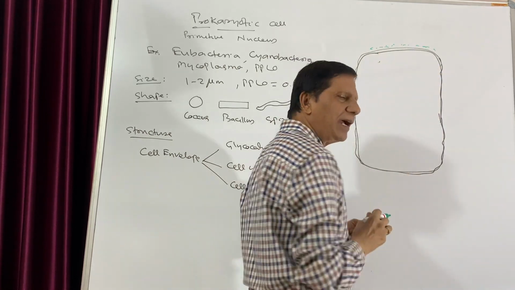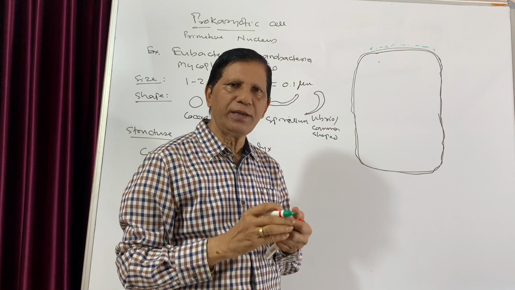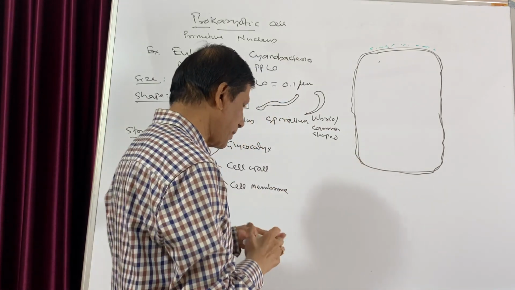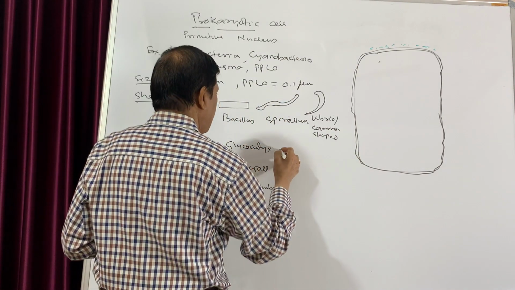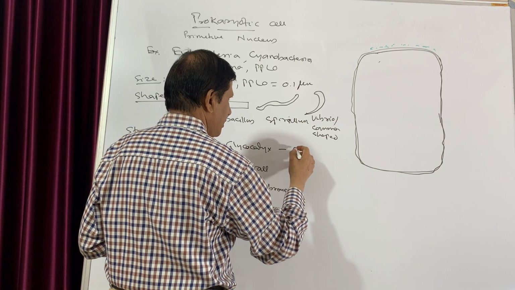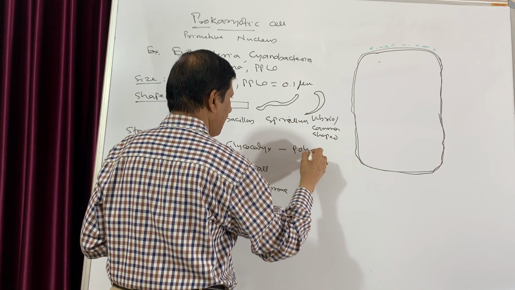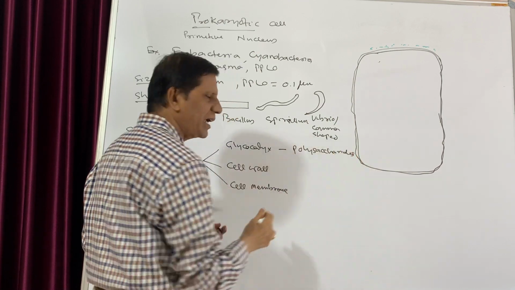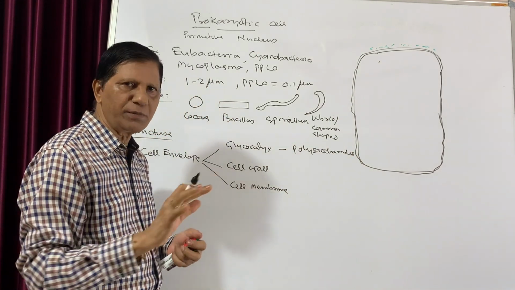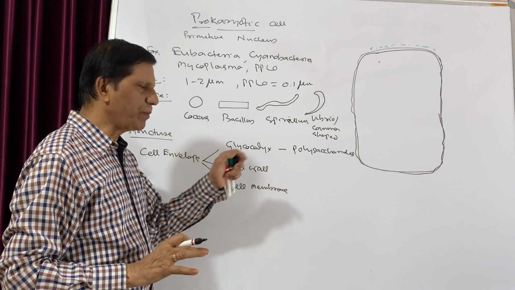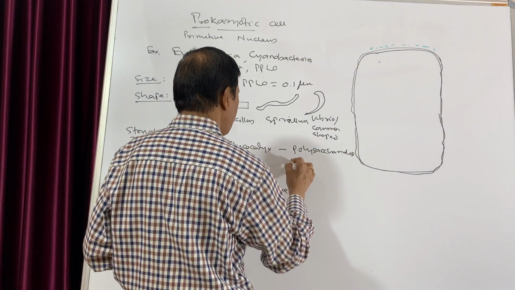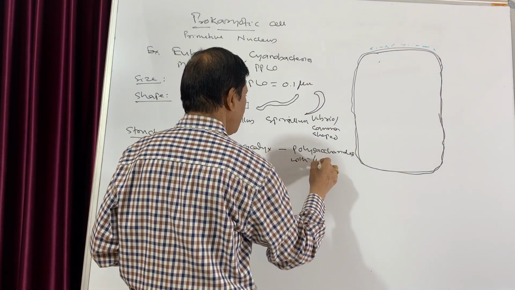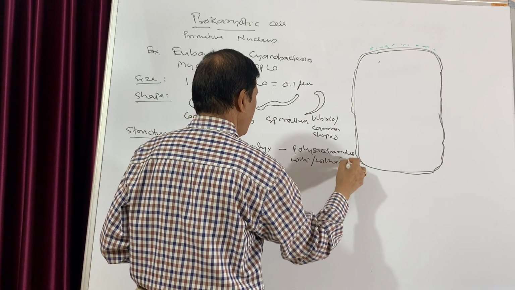Now usually the glycocalyx is made up of polysaccharides, but these polysaccharides are non-cellulosic. That means cellulosic materials are not there, but they are made of polysaccharides with or without proteins.